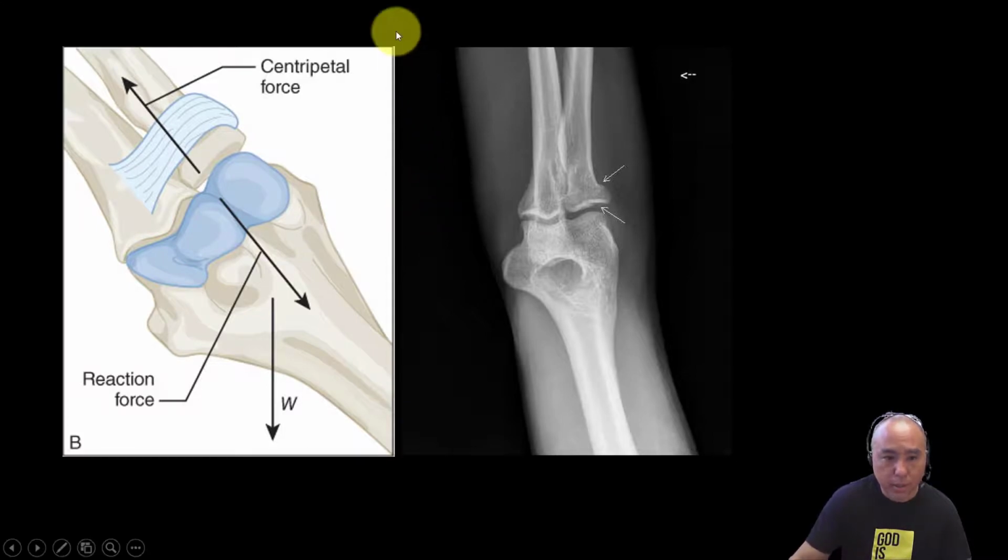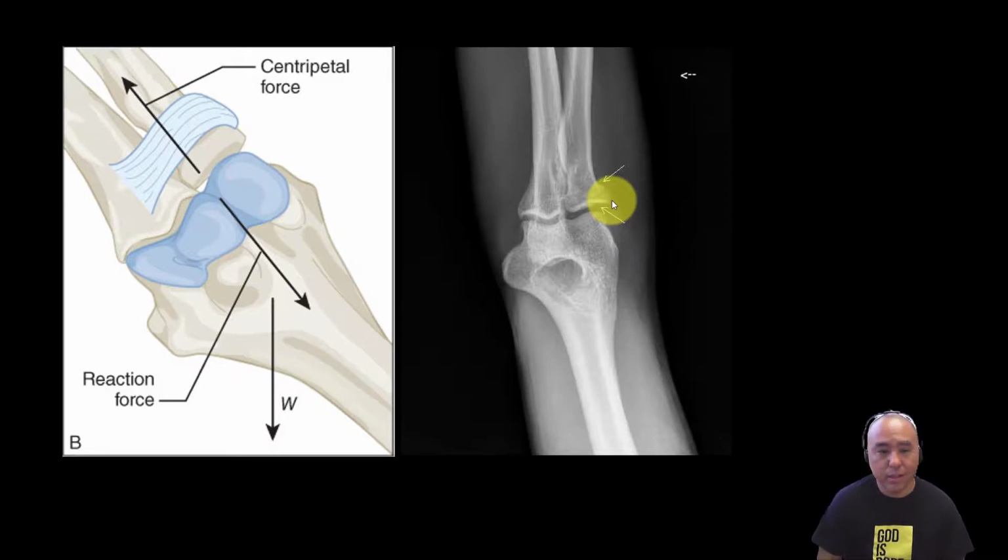And specifically, a nursemaid's elbow is one in which the radial head here, there's the radius, the ulna, would sublux underneath the annular ligament. So it can be painful, definitely not an injury that you would want.